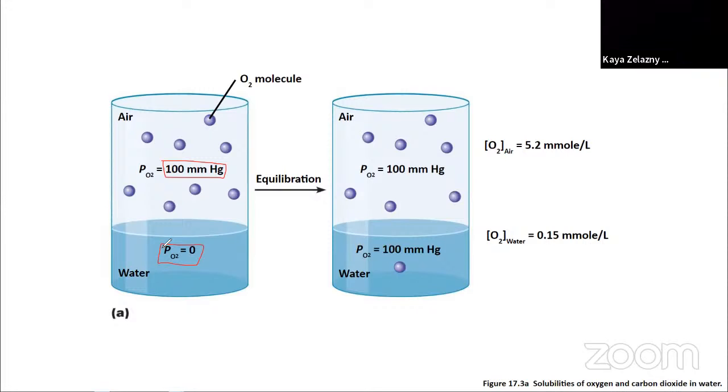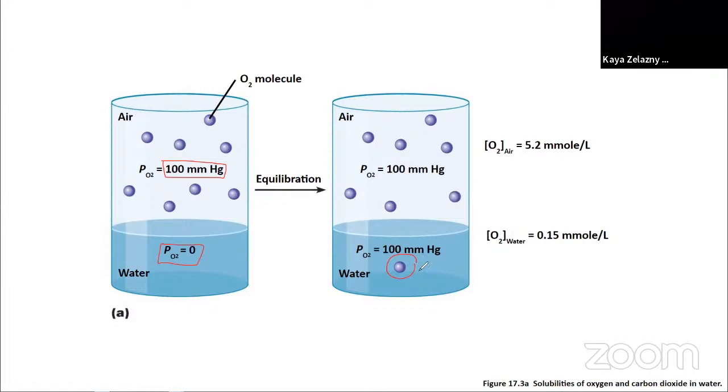Now, like all sorts of gradients, we want to move towards equilibrium. That's just a physical property of the universe, right? We're going to come to equilibrium. So our partial pressures are going to try to equalize so that the partial pressure of oxygen in the air comes to the same partial pressure in the water.